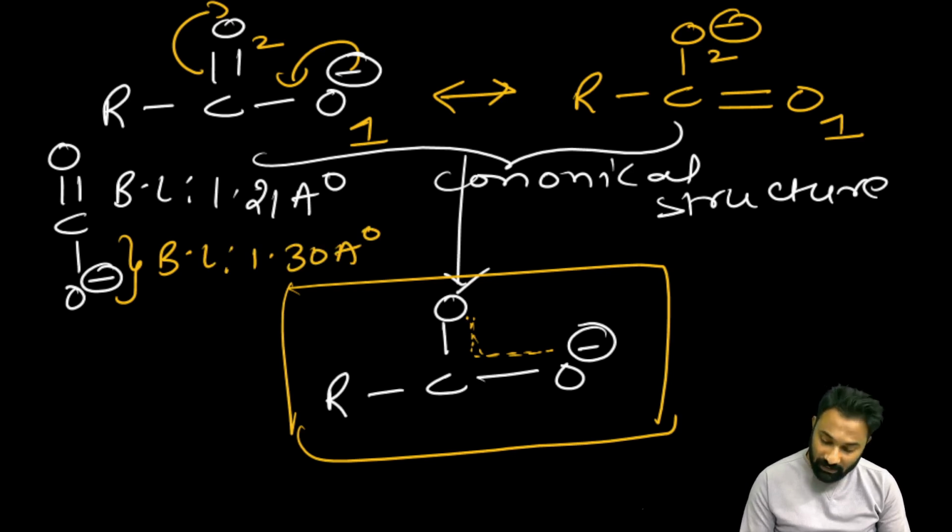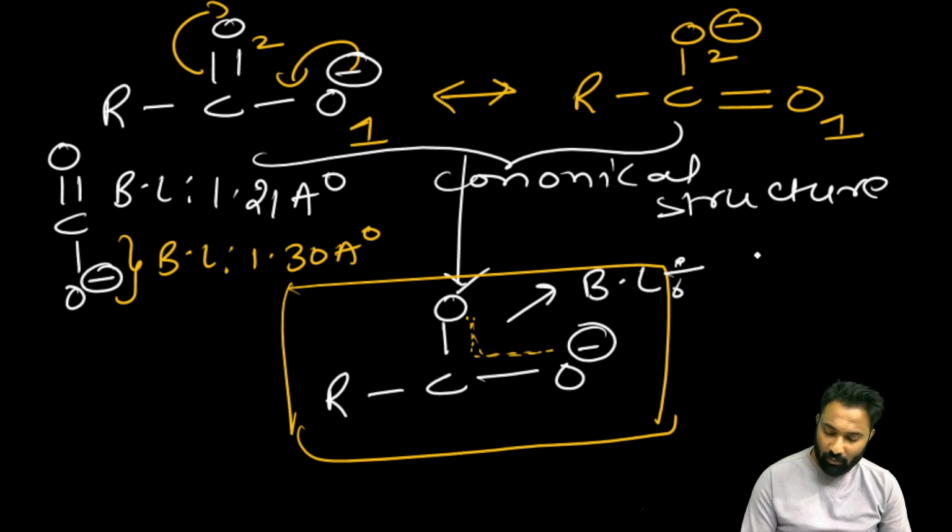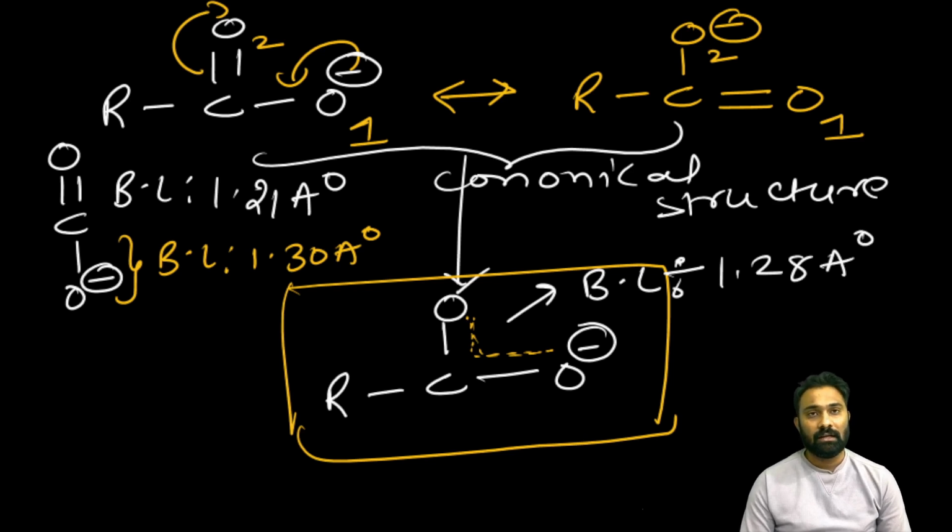But experimentally, when they measured the actual resonance hybrid, the carbon-oxygen bond length was 1.28 angstroms. So they say the resonating structures we draw are hypothetical. Clear? In between these two resonating structures, one actual structure will be there, and that structure we call the resonance hybrid.